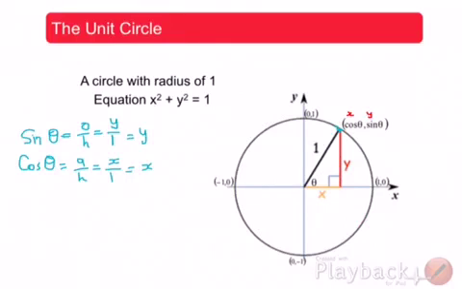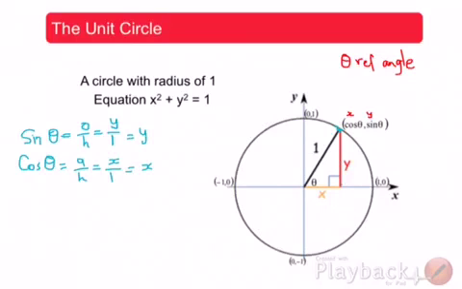The other thing that we want to take from this example is that theta is our reference angle. By reference angle we're talking about in the first quadrant, so theta is always going to be acute as a reference angle because it's in the first quadrant. We can then use the other quadrants, so the second, third and fourth quadrants.